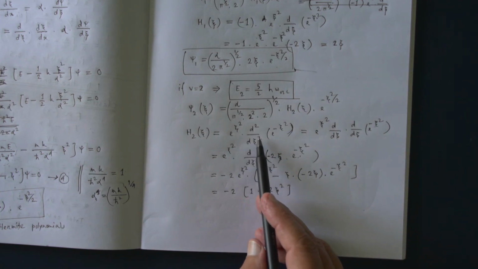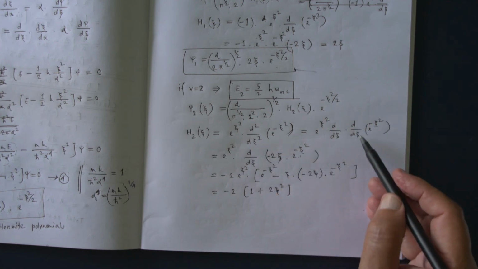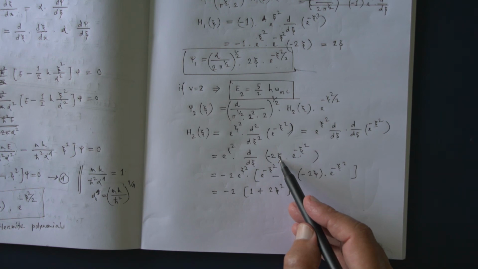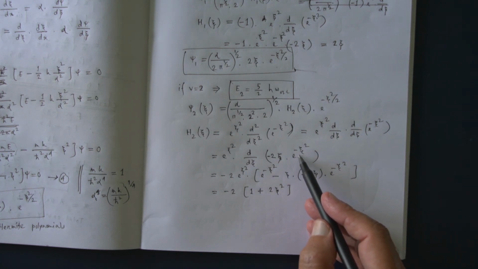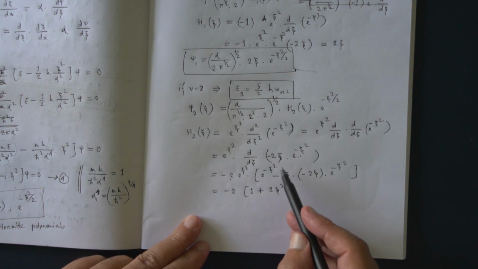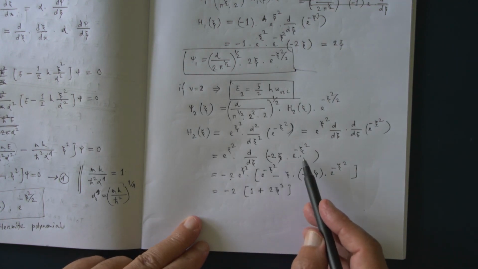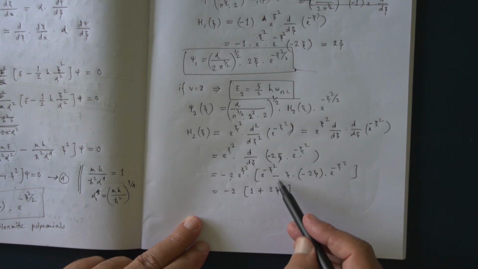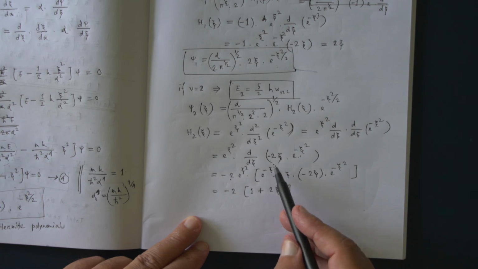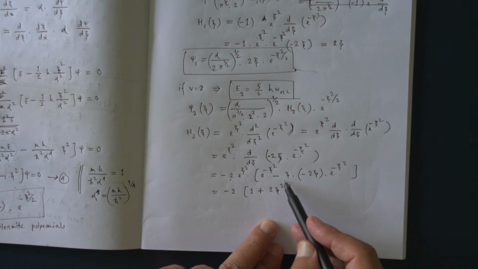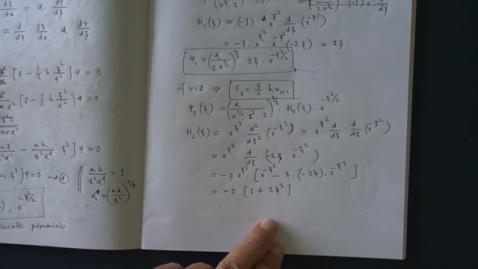This xi square d2 xi square minus 2, minus 2, then d xi square d xi minus this xi square minus xi square.